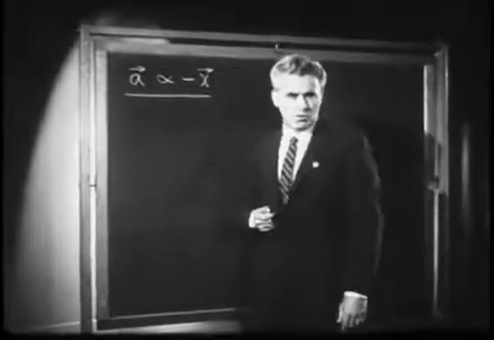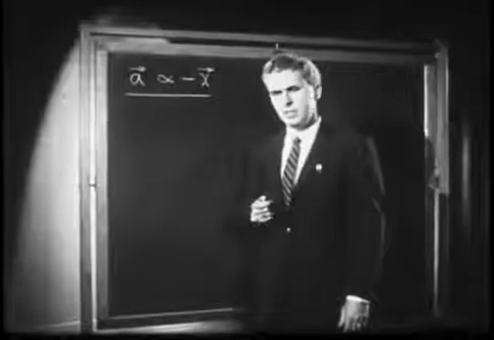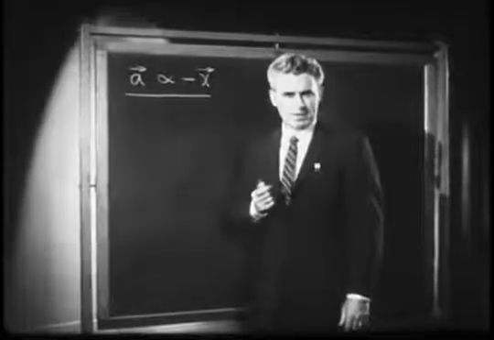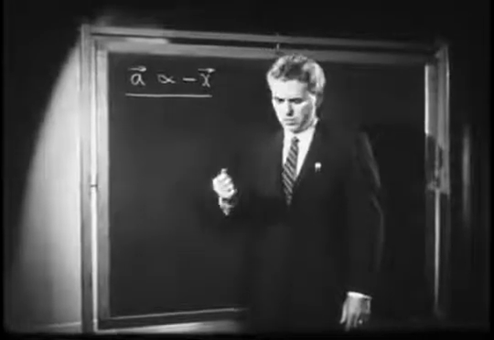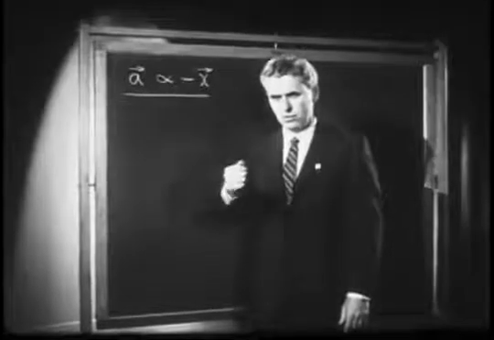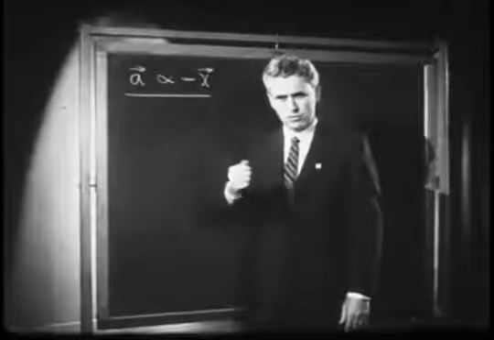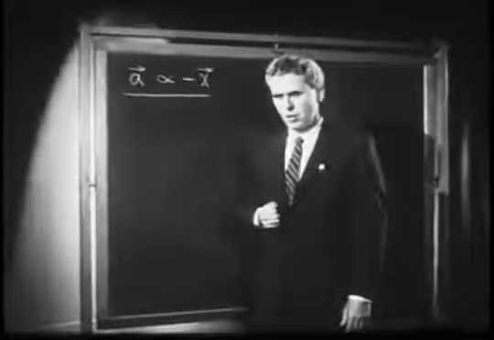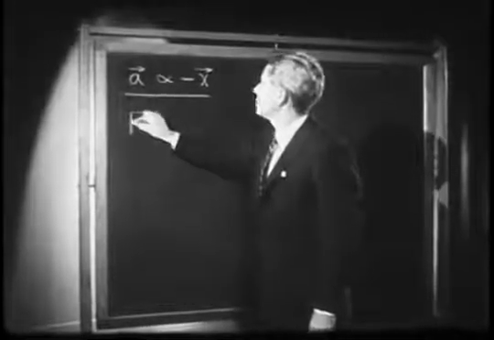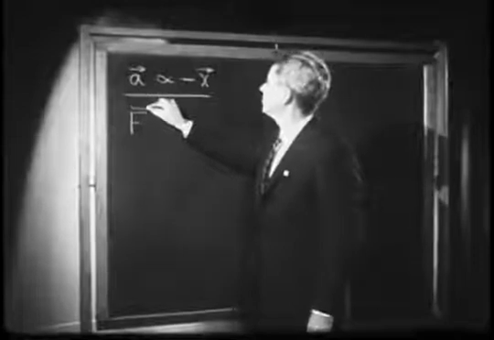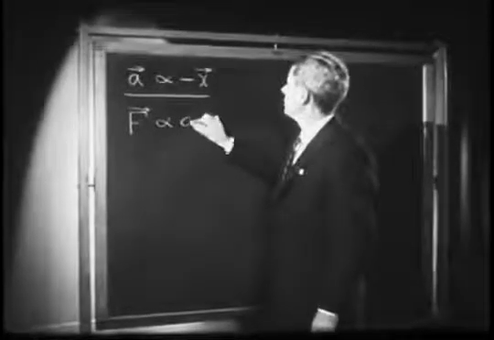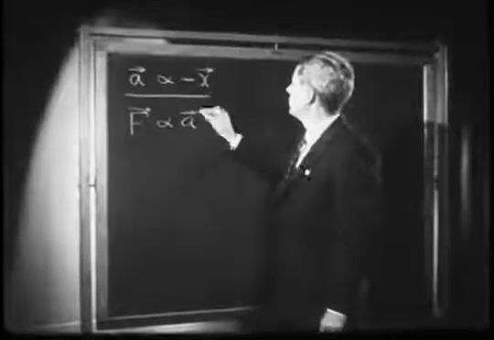Now what about force? All of this has just been the kinematics of simple harmonic motion. What about the dynamics of simple harmonic motion? Whenever a mass is moving with this kind of motion, what sort of force must be acting on the mass? Well, whenever an unbalanced force acts on a mass, according to Newton's law, the force is proportional to the acceleration.